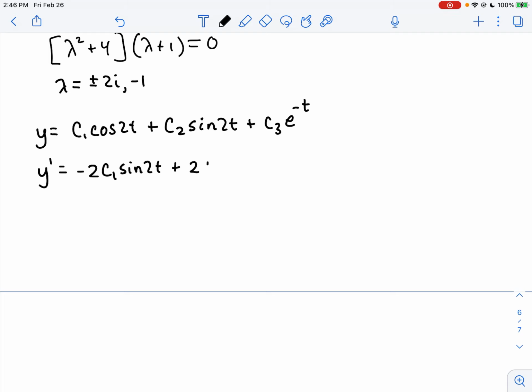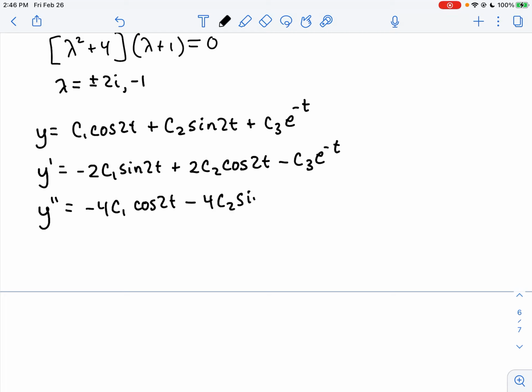Next derivative will be plus 2C2 cosine 2t, and then minus C3 e to the negative t. So there's our first derivative. And the second derivative. Differentiate one more time. We get -4c1 cosine 2t minus 4c2 sine 2t, and then back to plus c3 e to the negative t.